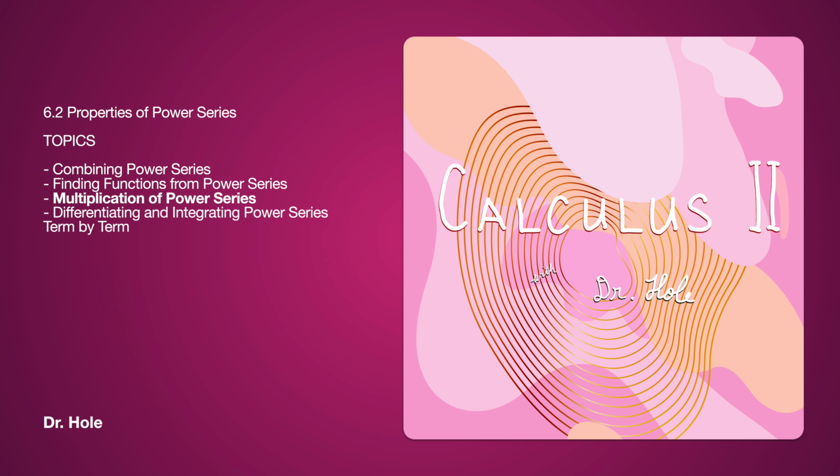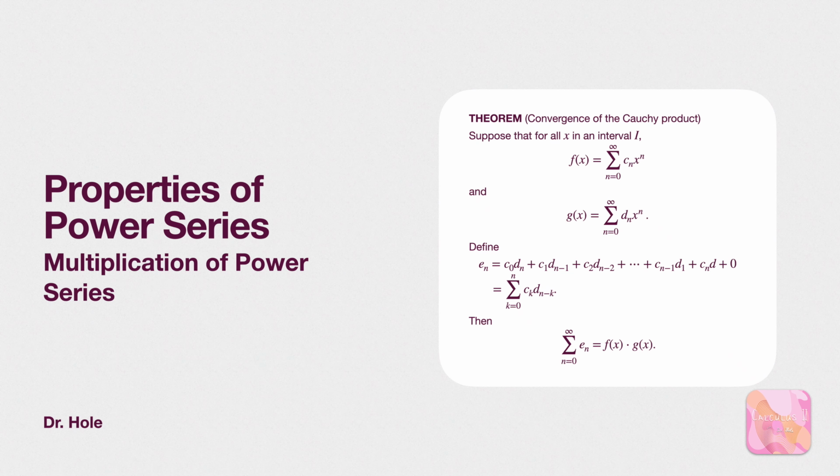And that was adding or subtracting, but there is also a basic algebraic operation of multiplication. What if we have one power series and we want to multiply it with a second power series? This goes under the term, phrase, a Cauchy product.